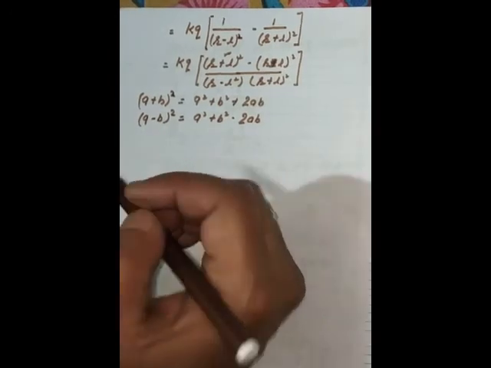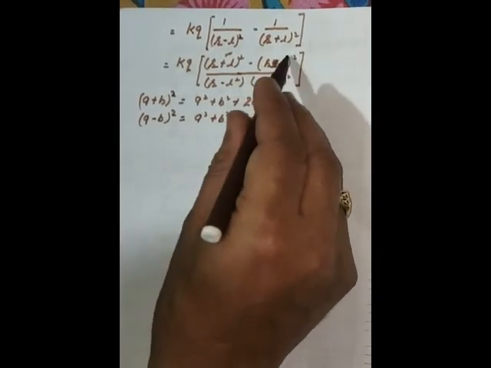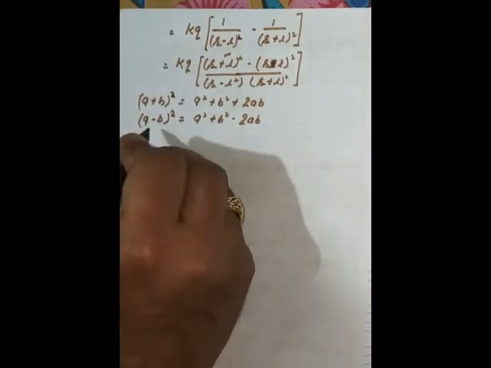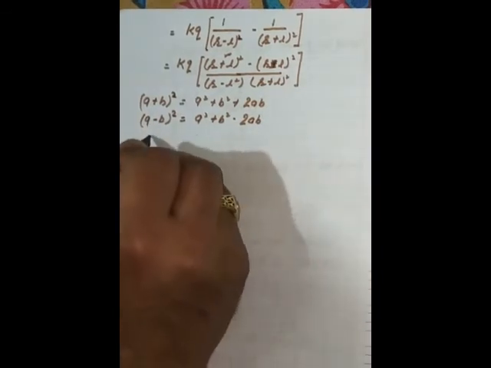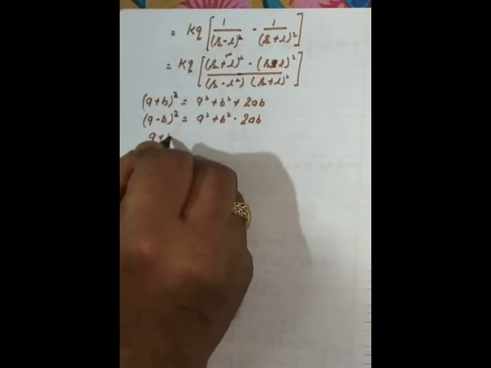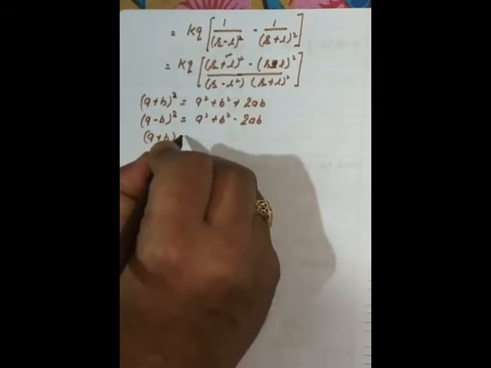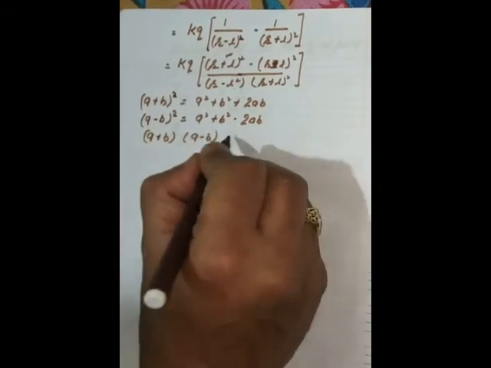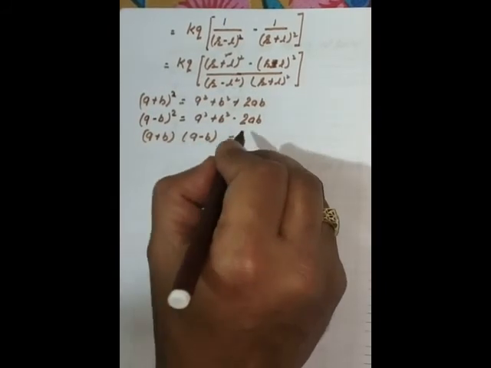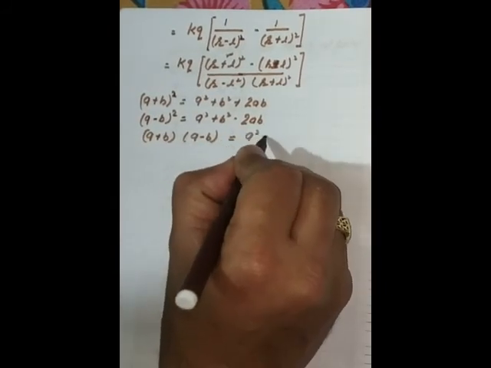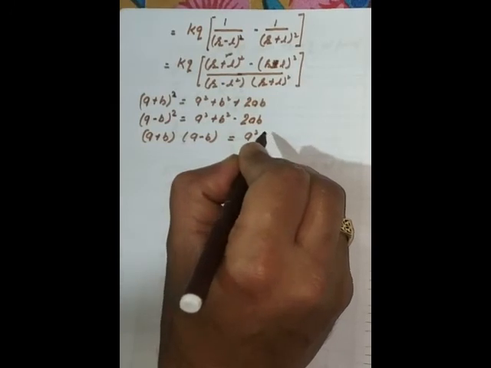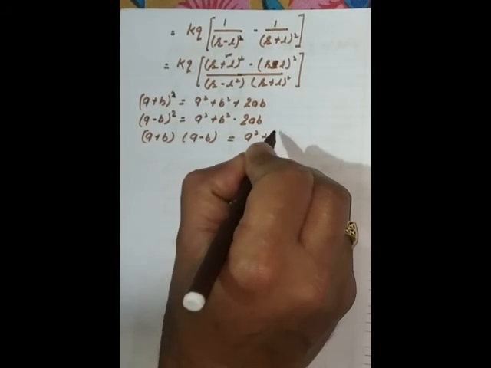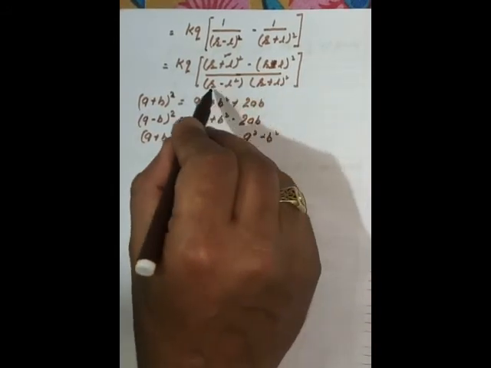Okay, it will be applicable here. Another identity, A plus B and A minus B equals to A square minus B square. It will be applicable here in this.